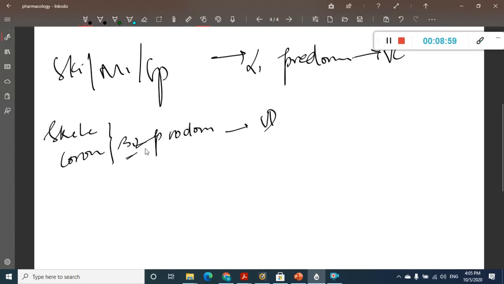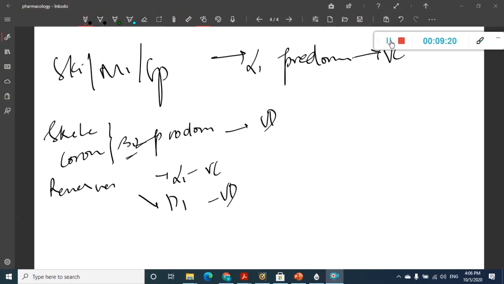So obviously in them there is beta 2 predominance. Whereas in the renal vessels, alpha 1 causes vasoconstriction and D1 causes vasodilation. So sympathetic stimulation increases vascular resistance less in renal vessels than in others. This is important.